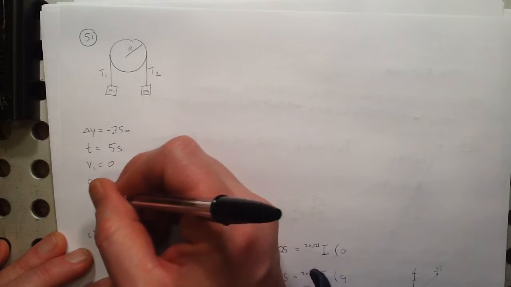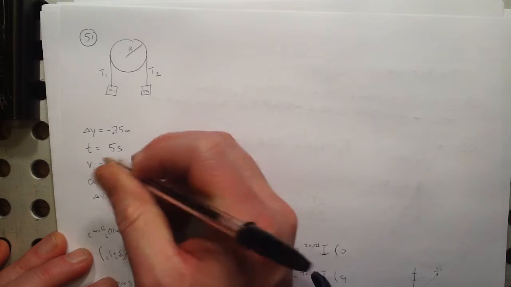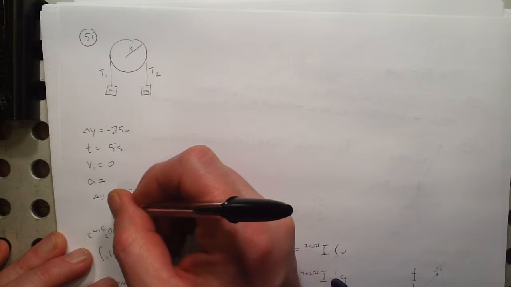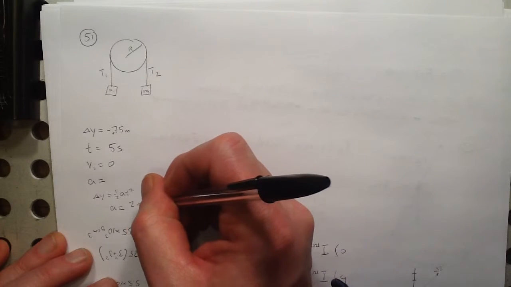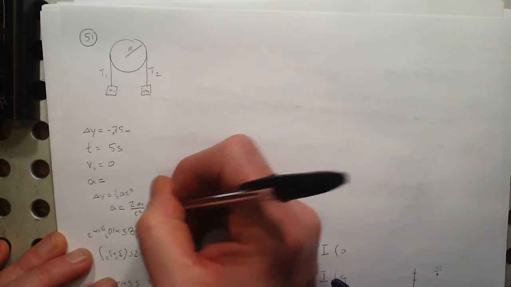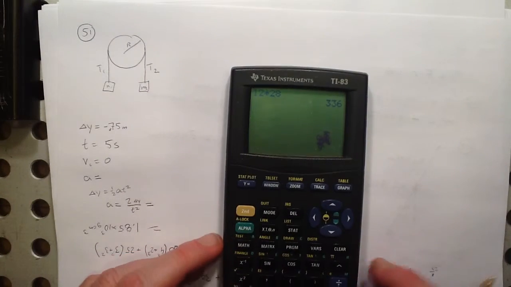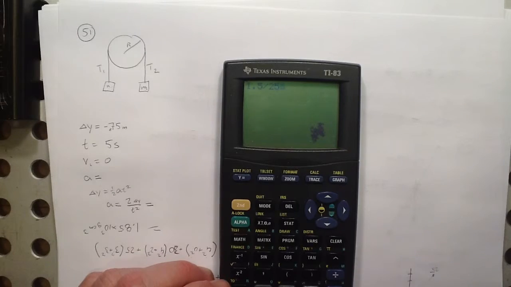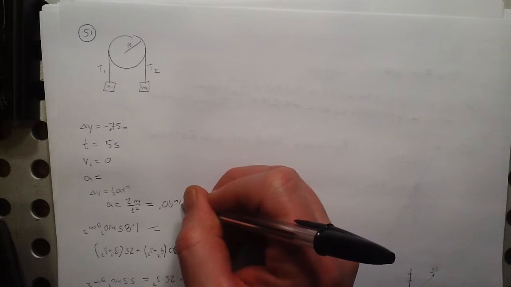And I can do that using delta y equals 1/2 a t squared plus v_i t. The v_i is 0, so it's just this. And I can find the acceleration would then be equal to 2 delta y over t squared. So the acceleration is about 0.06 meters per second squared.